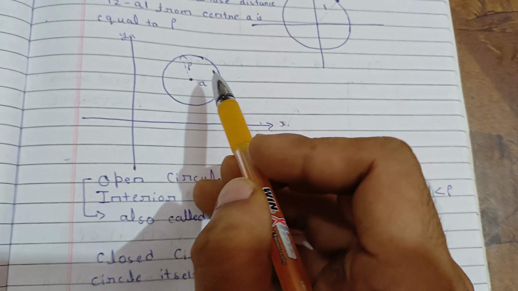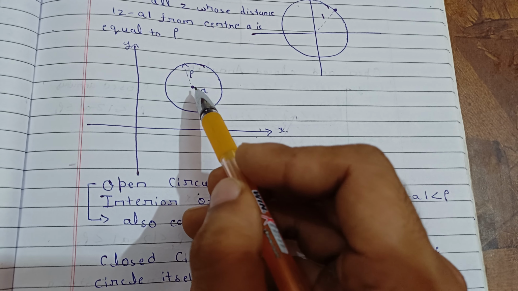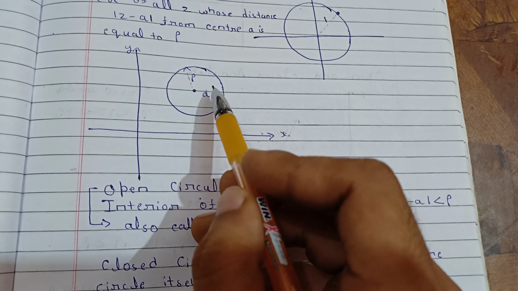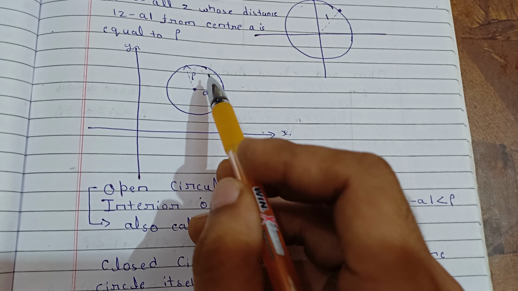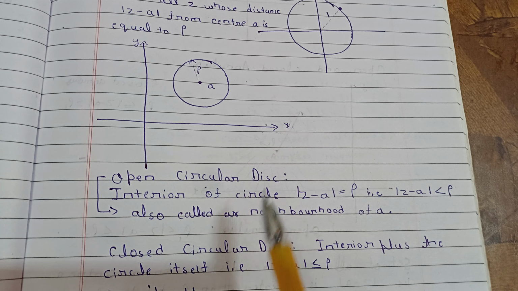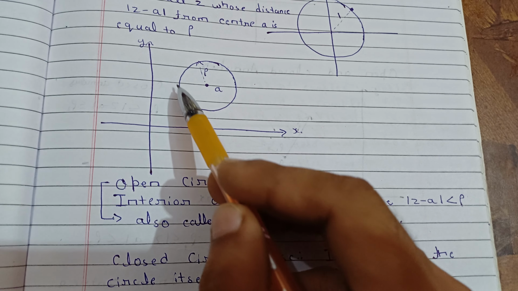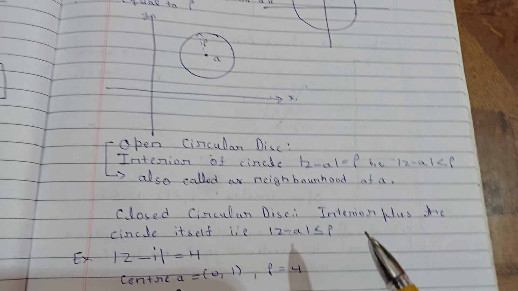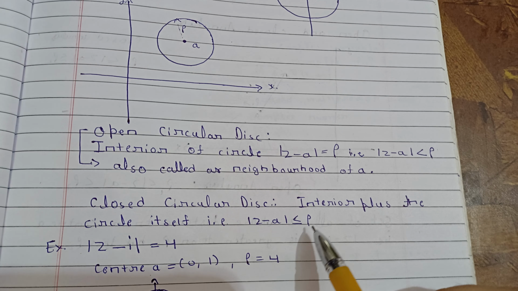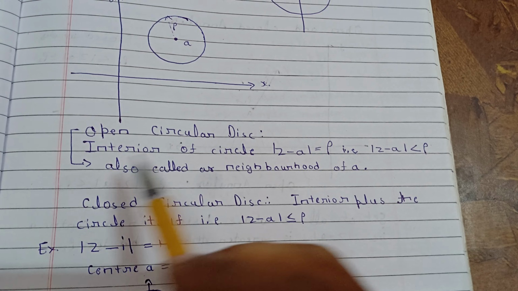So the distance of that point from the circle's center should always be less than rho. Then we call those points the interior, and it is an open circular disk. Now when we also include all the points on the circle, we call it a closed circular disk, and it is represented as mod z minus a less than or equal to rho. So the equal to sign is introduced; when it was less than, that was an open circular disk.